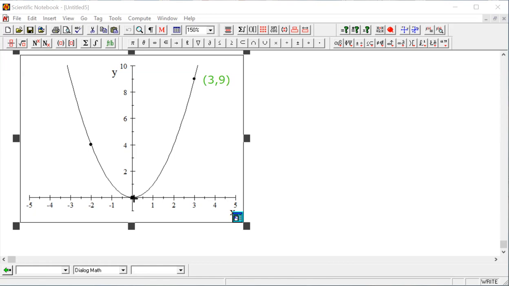Well, this 3 is measured horizontally from the origin. And what is 9? The 9 is right here. The vertical measurement. So input is a horizontal measurement, output is a vertical measurement.